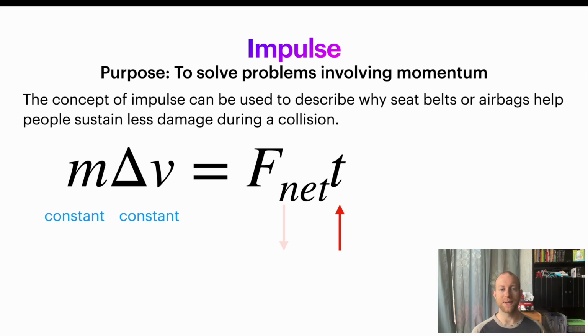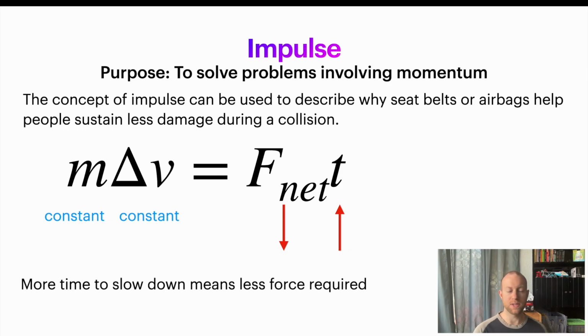So the F net must decrease in order for F net times time to still equal the same thing. Seatbelts decrease the amount of force because they increase the time it takes you to slow down. More time to slow down means less force required.